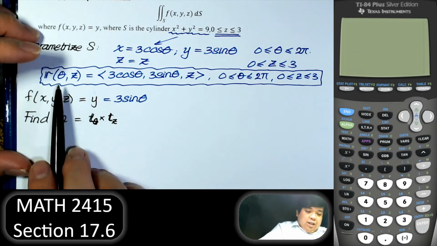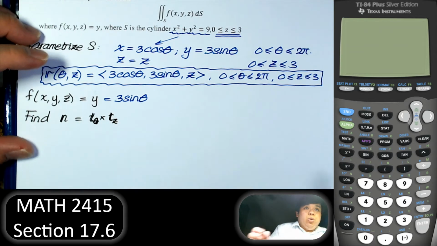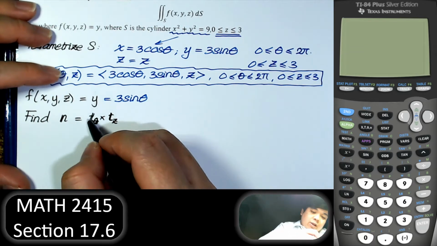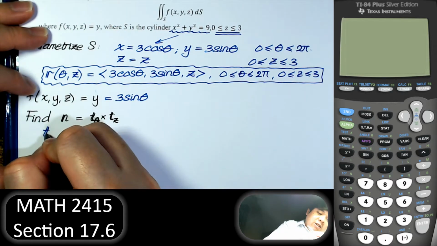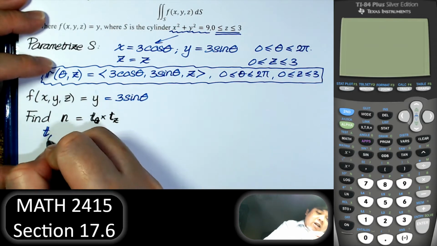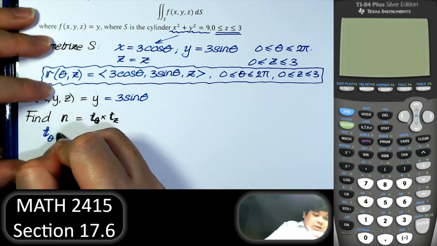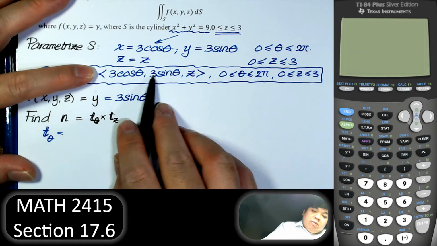Yeah, just the cross product of two tangent vectors. So the tangent vector in the theta direction. So we just take the derivative of this with respect to theta.